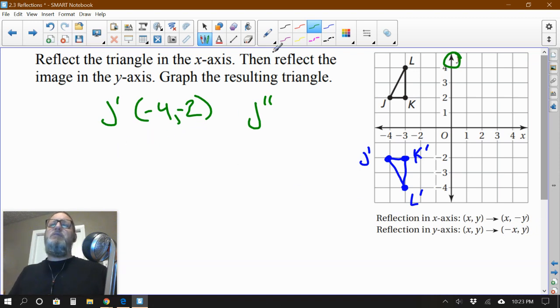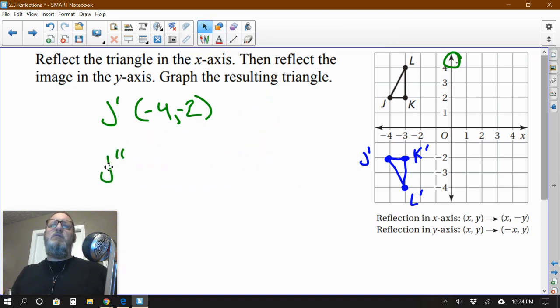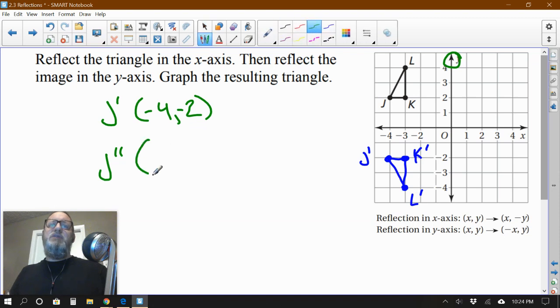All right, so you know what? I'm going to move this right here, right below it. That's a better place to be. So again, (x, y) across the y-axis becomes (-x, y). So we have to change this number. The -4 becomes +4, and the y stays the same. All right, so that's how I find the new ordered pair.